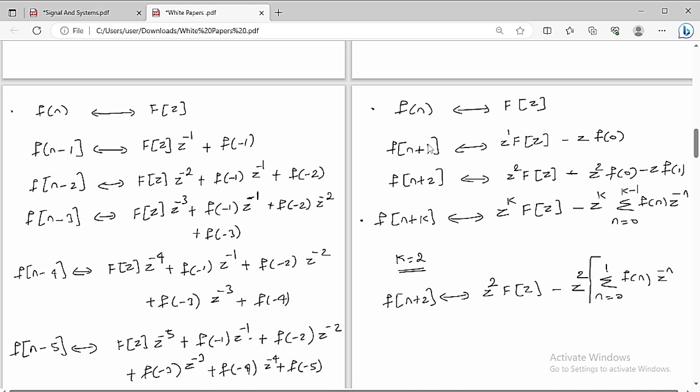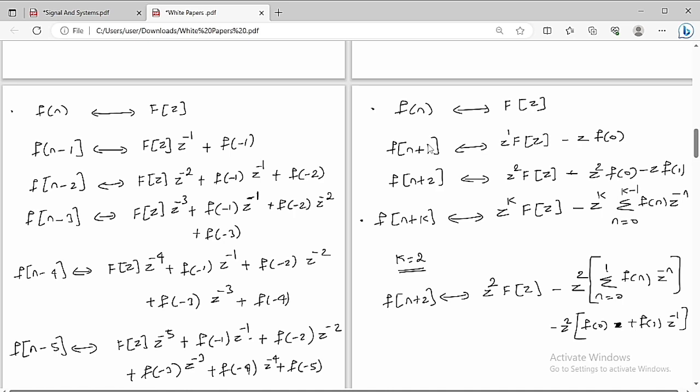We will simplify this: minus z square into, n is equal to 0 and n is equal to 1. N is equal to 0 means f of 0 into z to the power of minus 0. Z to the power of minus 0 is nothing but 1. Now, next one, f of 1 into z to the power of minus 1, right?